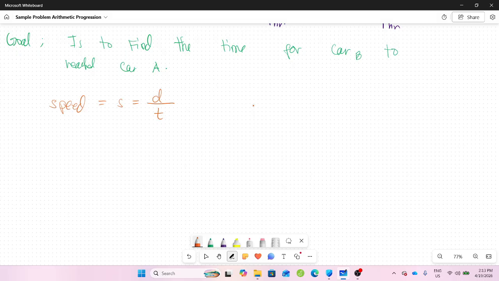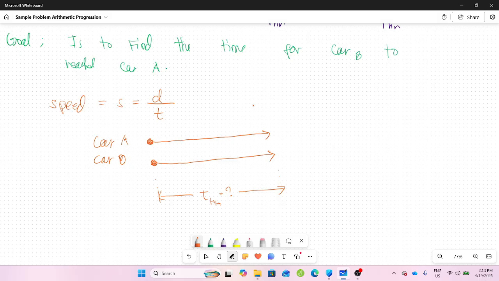Now, in our condition, car B wanted to overtake, or to reach, car A. So it means that we want to know the total time for car B to reach car A.